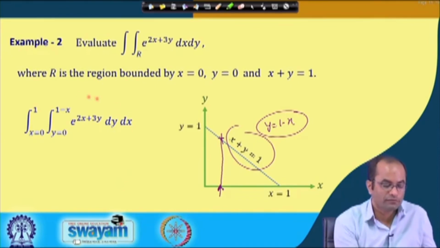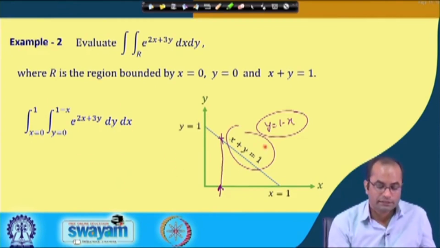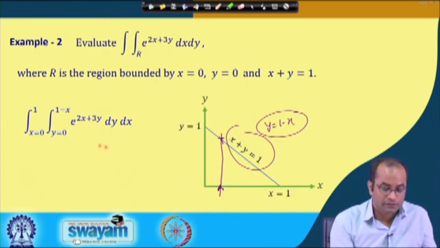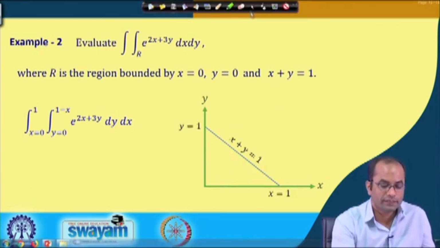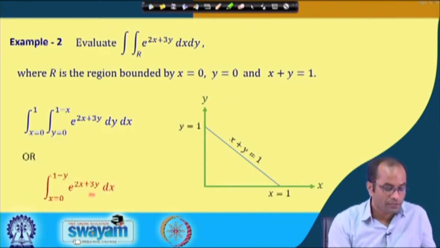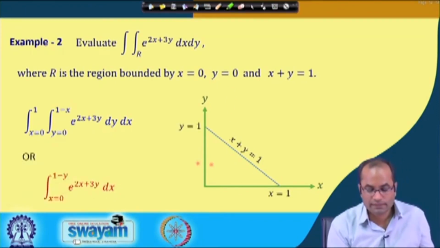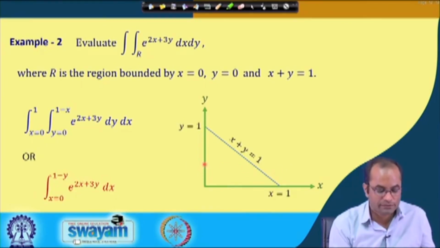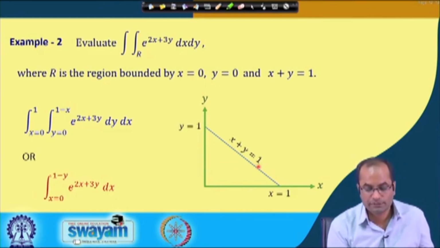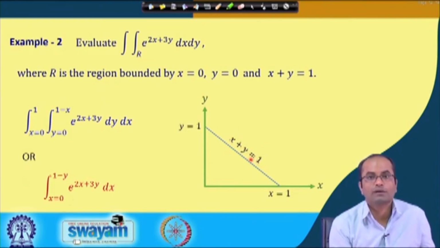So, that is one way of computing the integral, but in this domain, similar limits we can get when we integrate first with respect to x. So, for integrating first with respect to x, we draw a line parallel to the x axis, and that enters here at x is equal to 0 and leaves at this line, where the value of x will be 1 minus y.